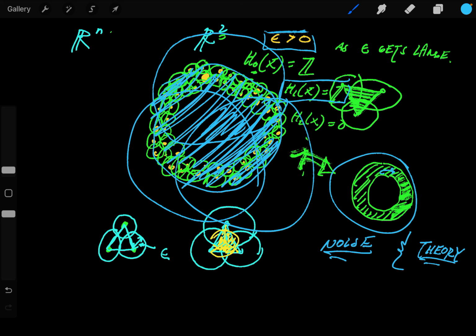So at first it's going to start off extremely disconnected, because epsilon's not going to be large enough for the points to see each other, and then they're going to start connecting, and that's going to give you this Z in the first homology, the loop going around the annulus.